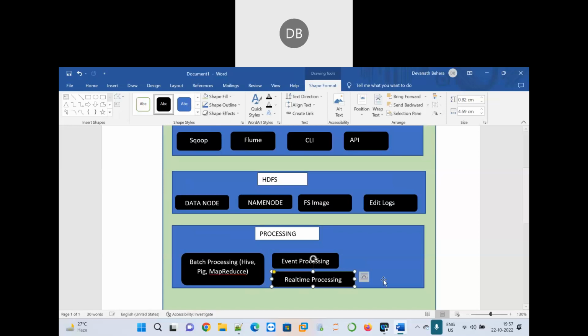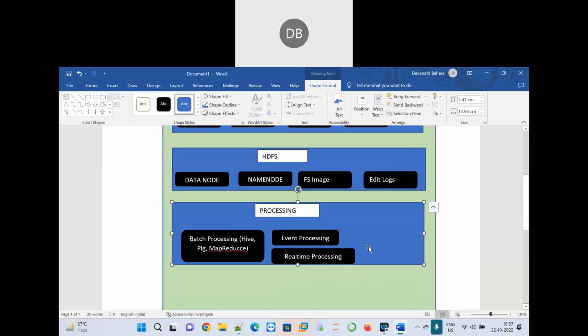Real-time processing means live data. Okay. At the same moment, what is happening? The data will be generated for that particular event. That data will be captured and processed at the same time. That is called real-time data or real-time processing.